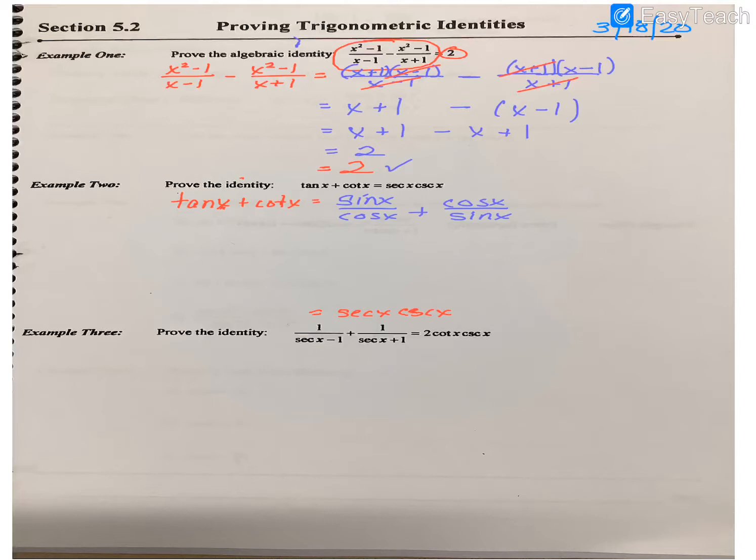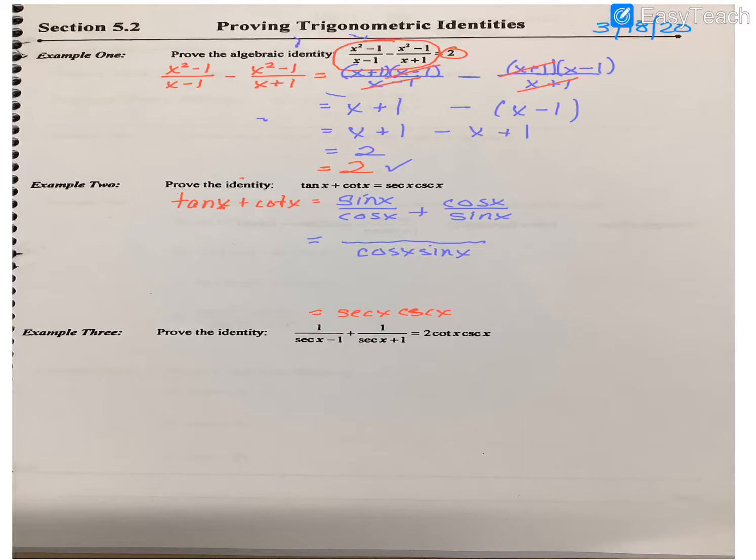So, since we're adding, take the 2 fractions and maybe turn them into 1. So what would be a common denominator if I already have a denominator of cosine x and a denominator of sine x? Hopefully you realize that is just multiplying them together. So cosine x times sine x is cosine x sine x.